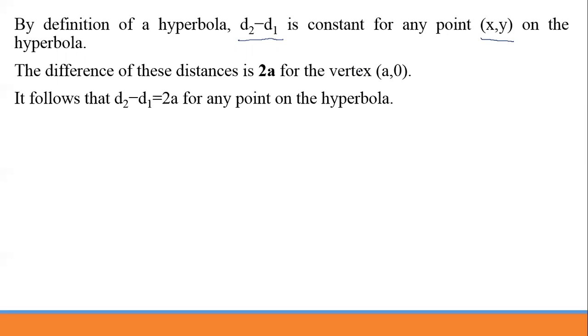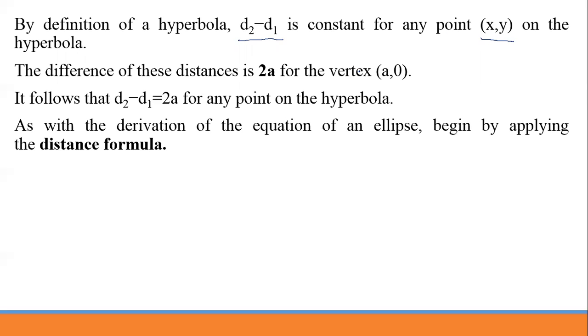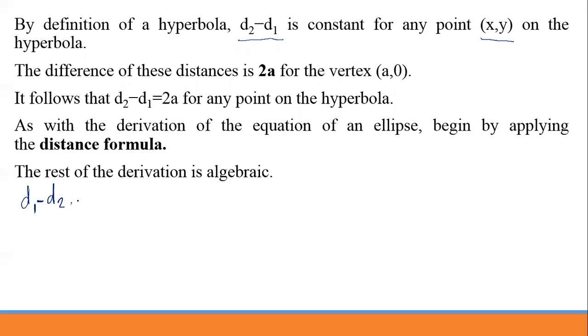As with the derivation of the equation of an ellipse, we begin by applying the distance formula, and the rest of the derivation is algebraic. We can compare this derivation with the one from the previous section for ellipses. So divide yung dalawang distances, yung difference.